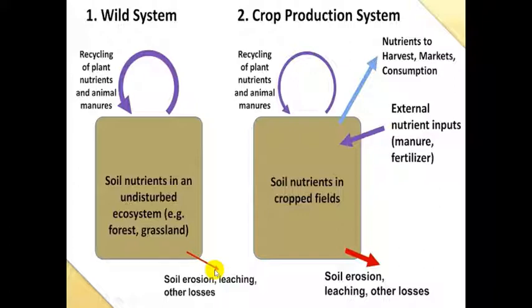The situation is totally different in a crop field. Continuous inputs of both organic matter and nutrients are essential to maintain high productivity levels under continuous cropping. At the same time, soil erosion and nutrient losses from the system are happening speedily.